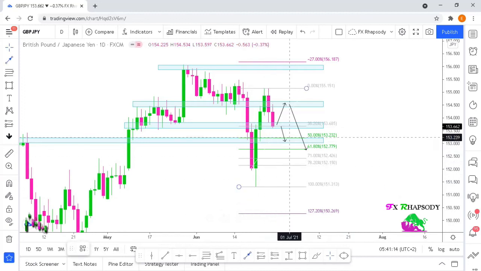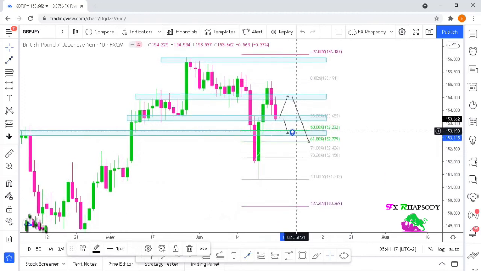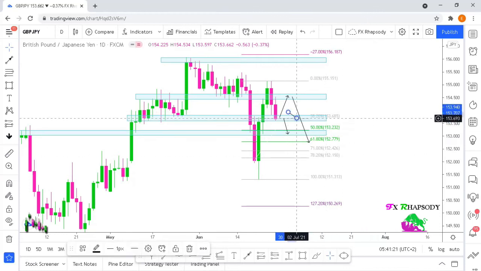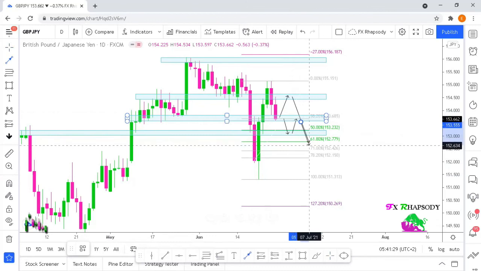Then come back and test this area over here. Whoops, this should be the other way around. So it can then test the 38%. And then from there on, it will follow suit and head its way down.